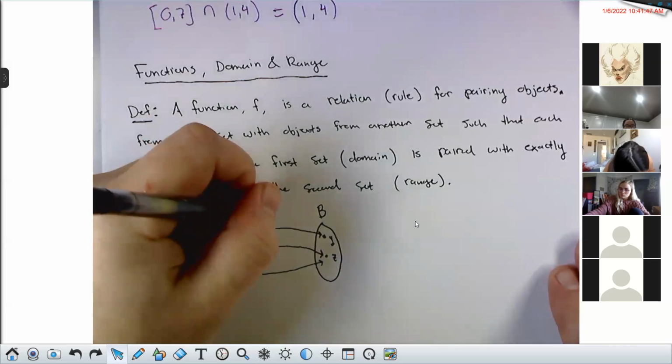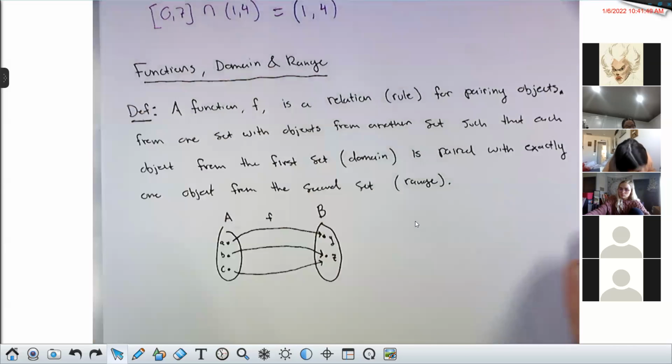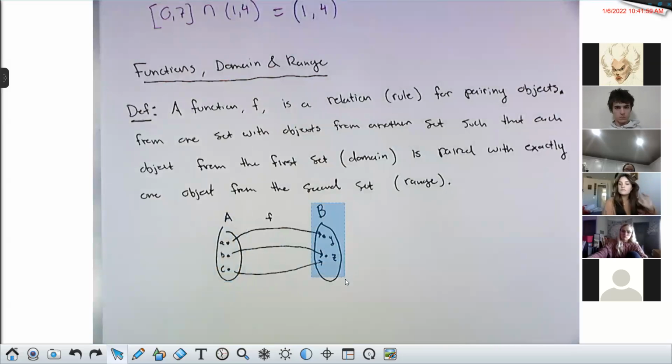So these arrows, which are the rule for pairing, is the function, right? The two big blobs here are the sets A and B. A just contains the objects a, b, and c. B just contains the objects y and z. And the function itself, f, is the arrows that pair the input a with the output y, the input b with the output z, and the input c with the output z.